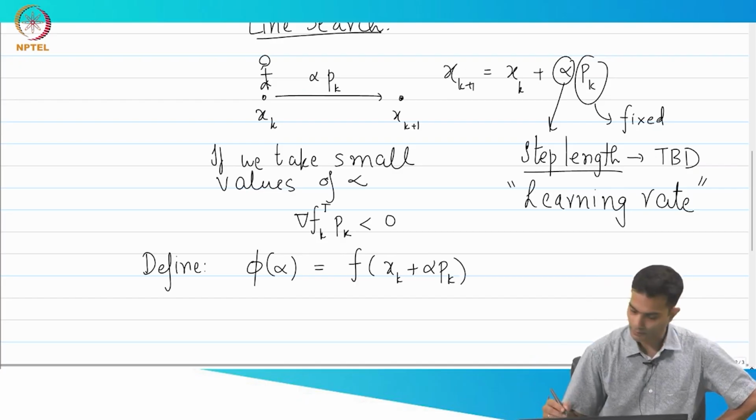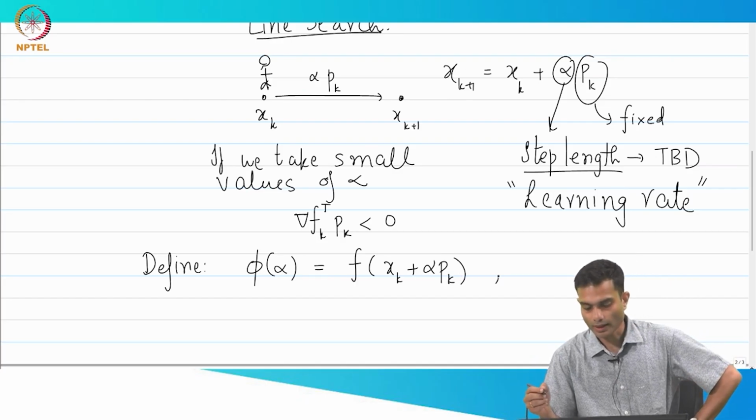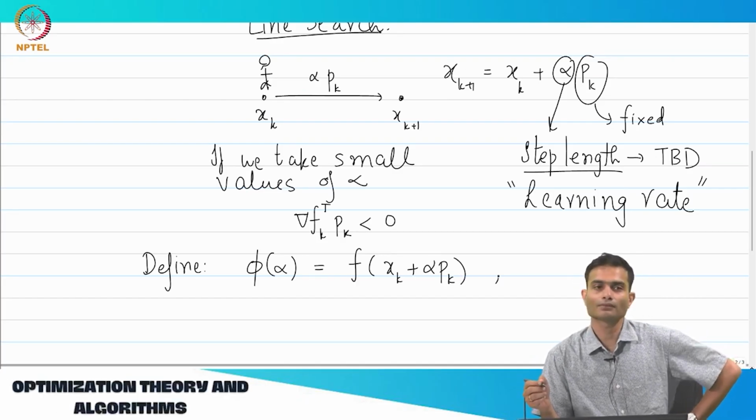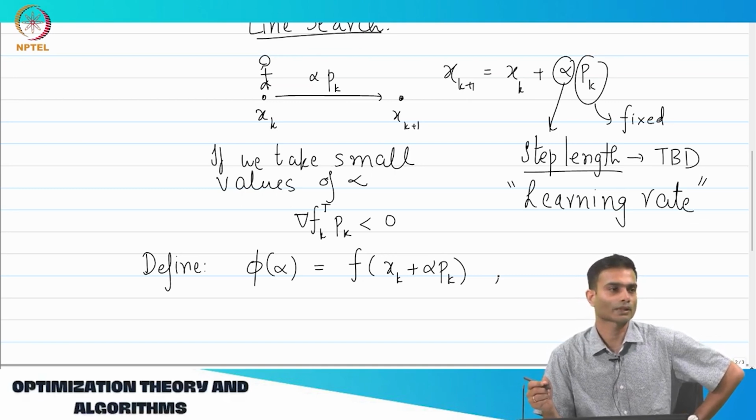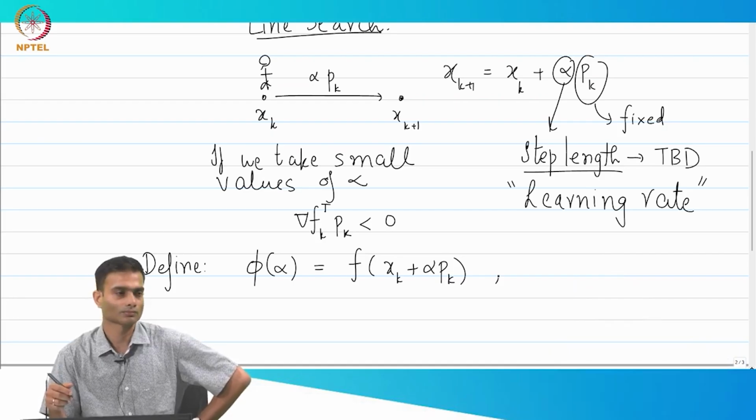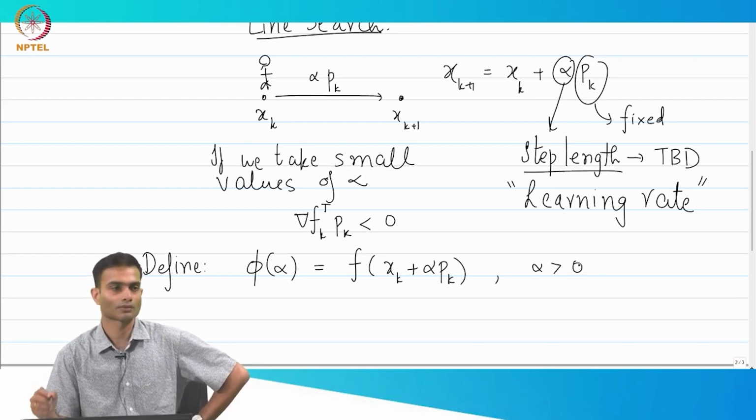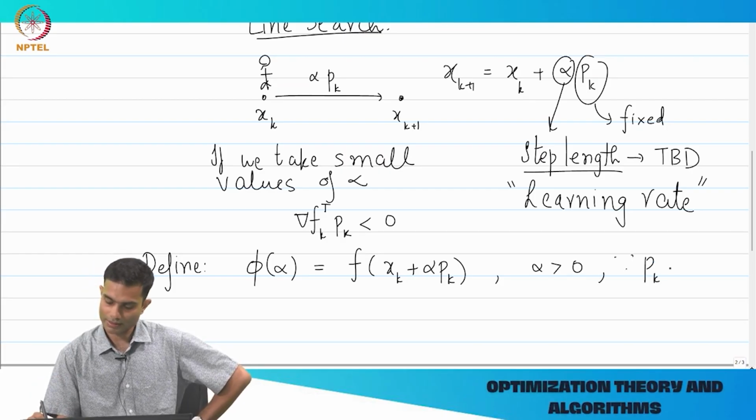And should we restrict alpha in any way? Can alpha take positive values, negative values? We are going to say alpha should be greater than 0 since pk is a descent direction.